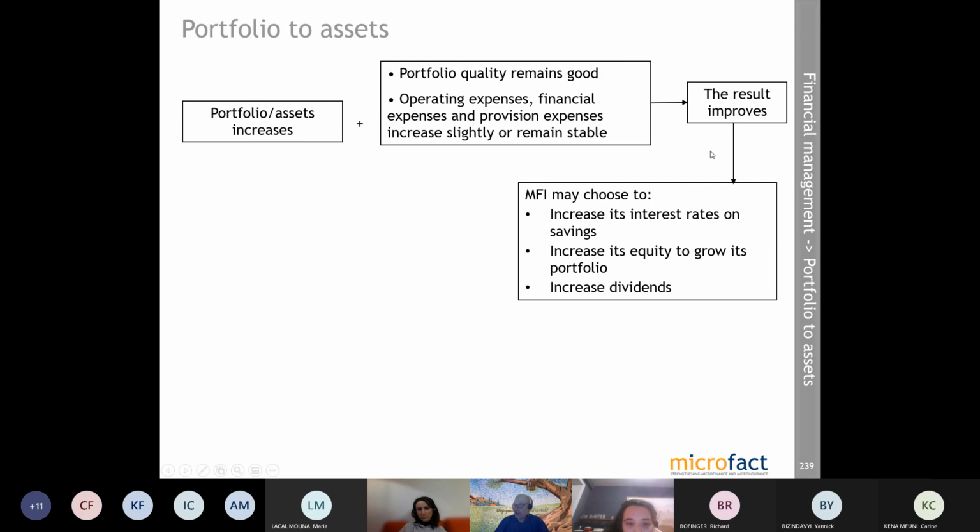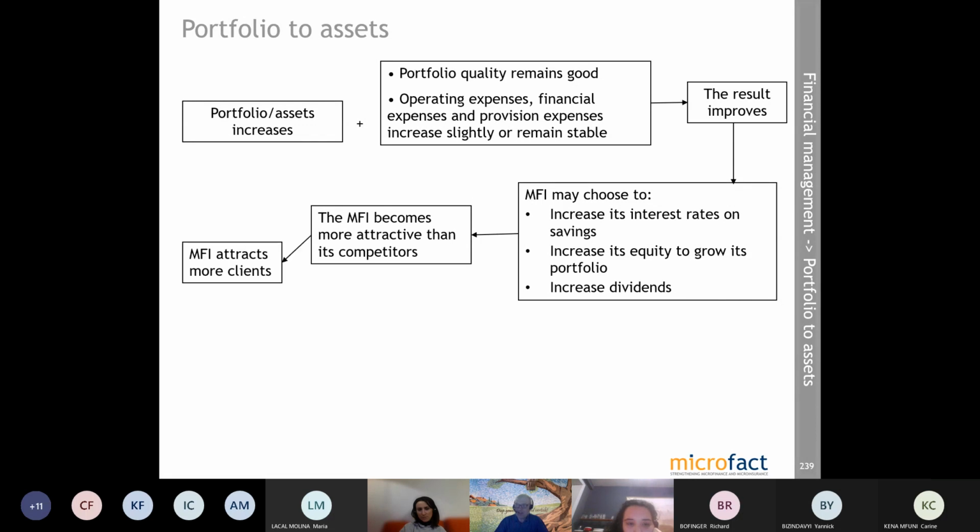Will you increase the interest rates on your savings? Will you use it to grow, to put in your equity and to grow the portfolio? Or do you use the money to give dividends? When you have the money, you can choose. And when you have all these choices, you become more attractive than others.